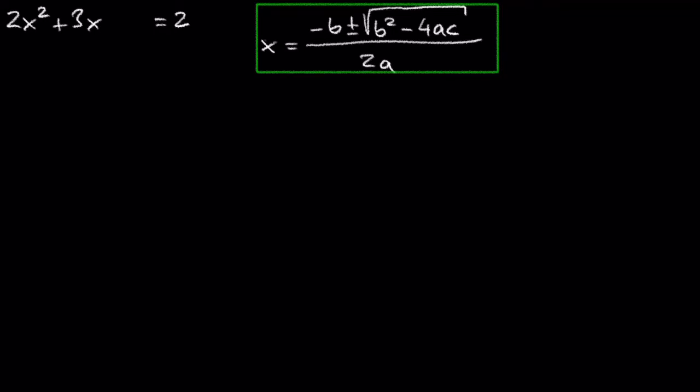The first step is to rewrite the quadratic equation in the form ax squared plus bx plus c equals 0. When comparing our equation with this form, we see that we have to subtract 2 on both sides to get a 0 on the right-hand side of the equation.